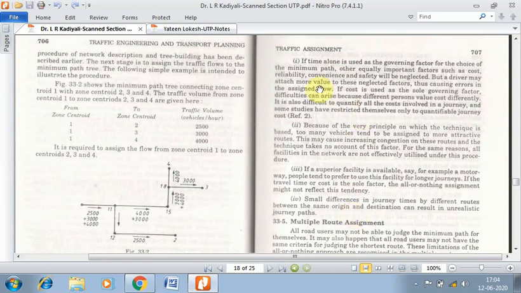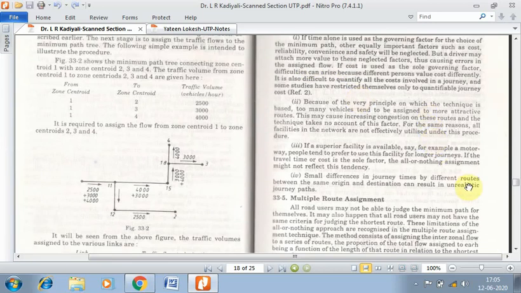Okay, so the first one is that if time alone is used as the governing factor for the choice of minimum path, other equally important factors such as cost, travel time, safety, etc. will be neglected. That is the first disadvantage.